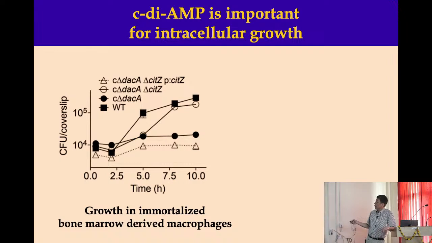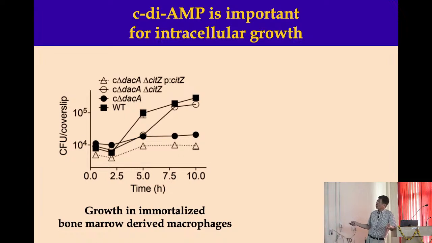And he also showed the growth in macrophages, because Listeria can infect and grow in macrophages intracellularly. It's an intracellular pathogen. The wild type grows very nicely. When you reduce the levels of cyclic di-AMP by knocking out the cyclase biosynthetic enzyme, you don't grow anymore.